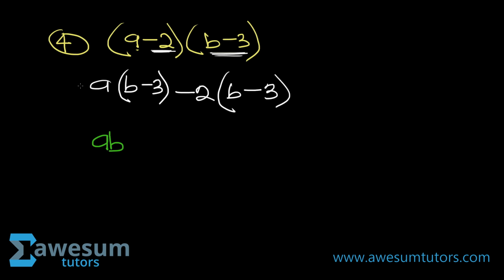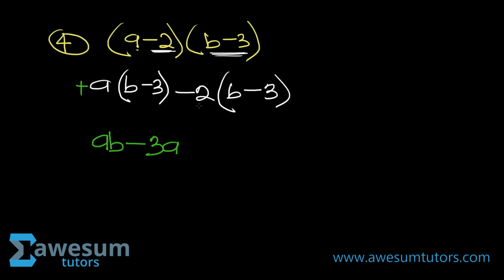Now how do we know that? Ordinary a, if you just say a, means plus a, right? And we have learned before that positive times negative is going to give us negative, because that is unlike signs. A times 3 is going to give you 3a, so that's negative 3a.